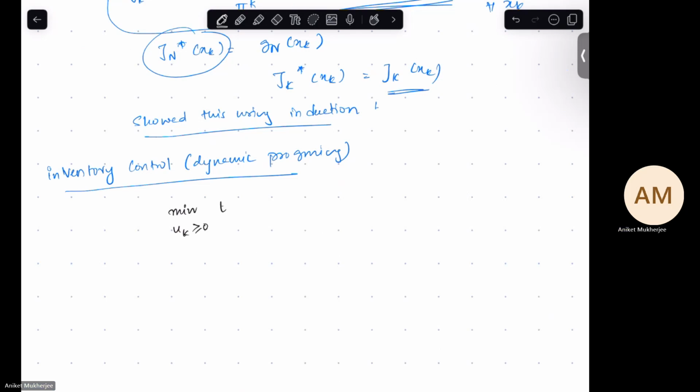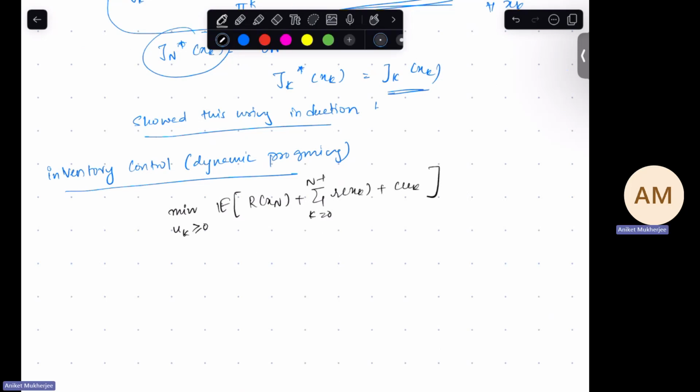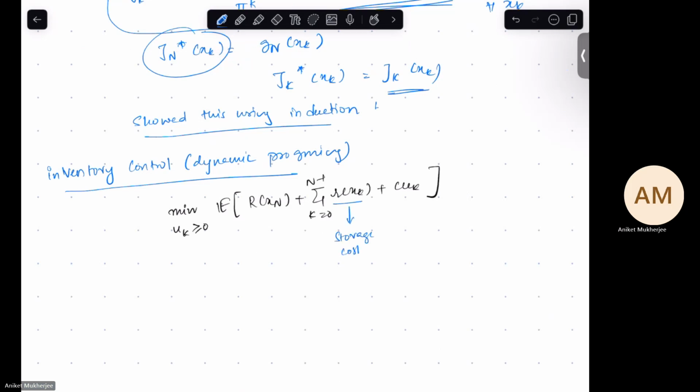of R(xk) plus C uk. So where R(xk) is your storage cost and C is your per unit inventory cost.